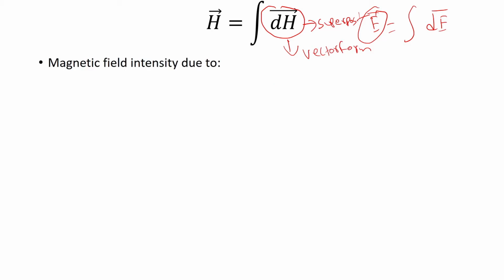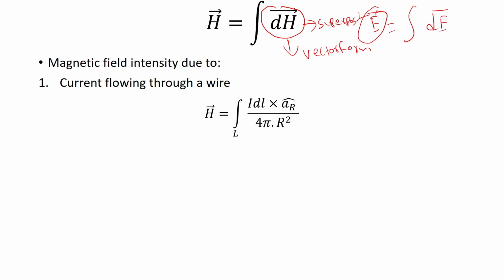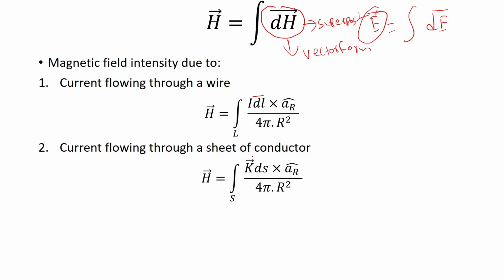So the magnetic field intensity due to the current carrying wire would be this. This is just the line integral and the surface integral of the surface current element cross the vector joining the current element to the given point.